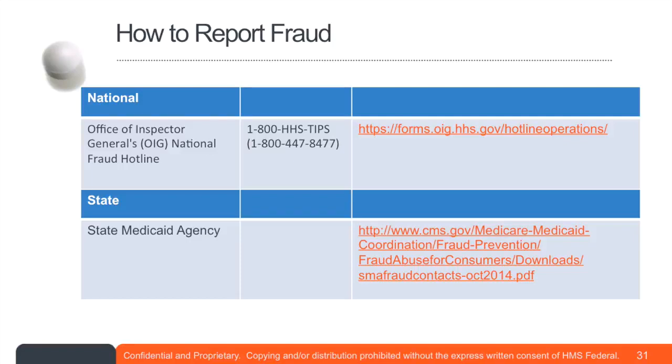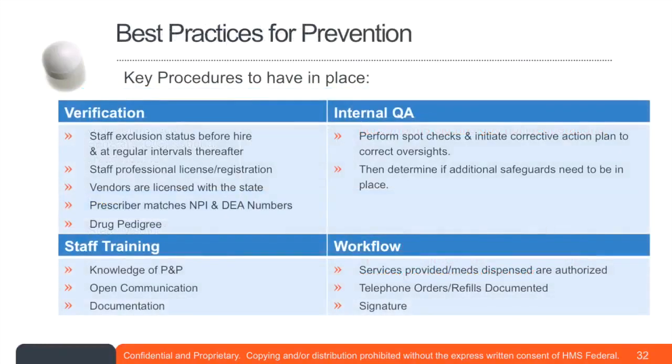So just to reiterate best practices for prevention, first of all, verification. That goes along with making sure that pharmacy staff is verified on the exclusion list, the exclusion list with the OIG.